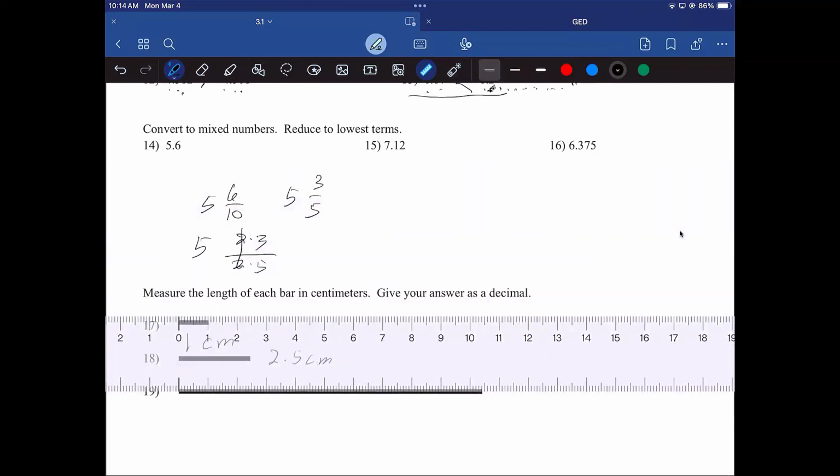The next one will be 10. See, here, let me. 1, 2, 3, 4, 5, 6, 7, 8, 9, 10.5, 4 centimeters.